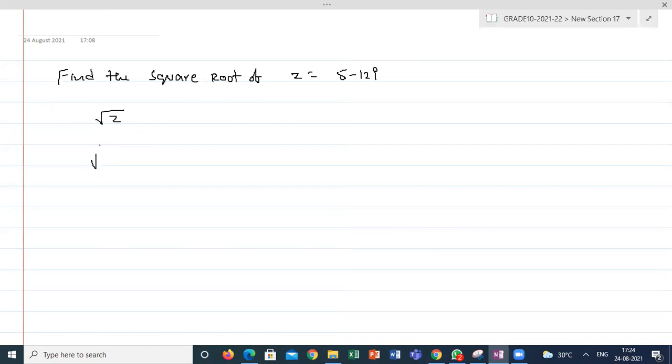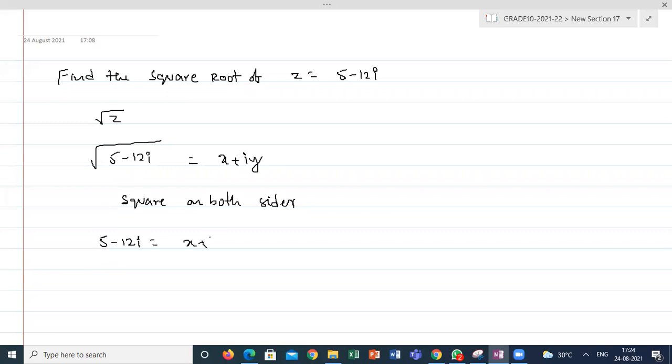The given is root of 5 minus 12i. I am equating this one to x plus iy. Square on both sides. If I am squaring on both sides, what am I getting?